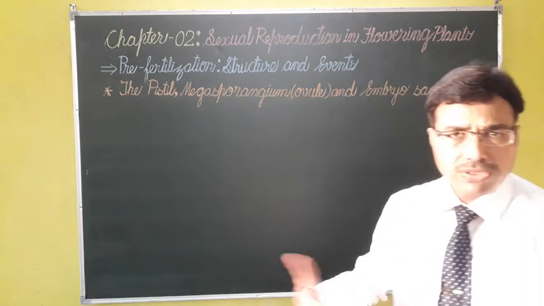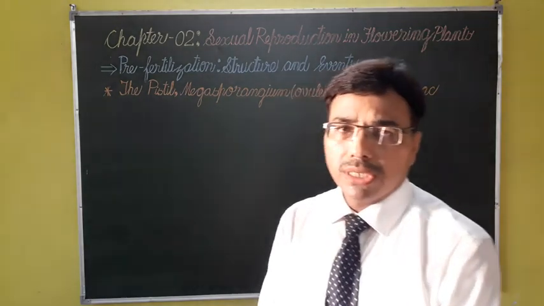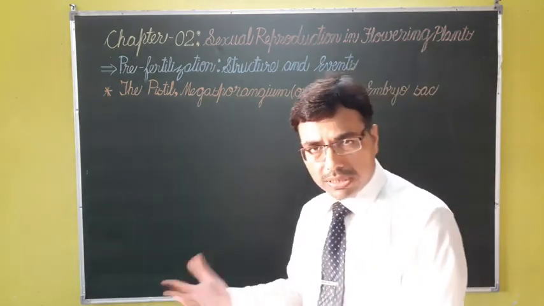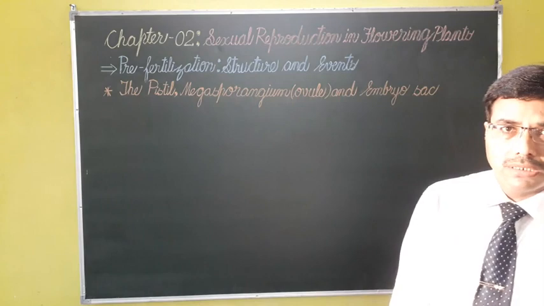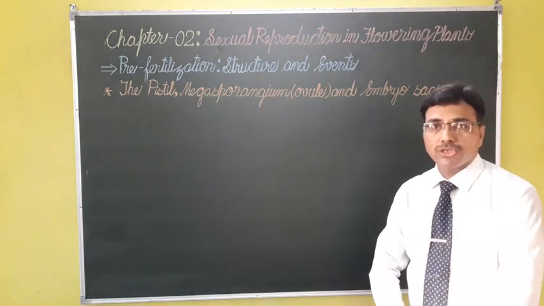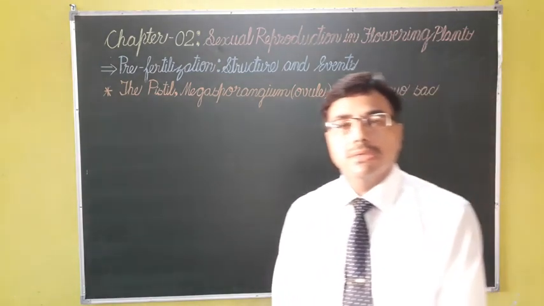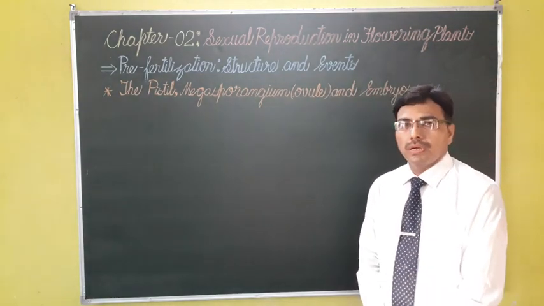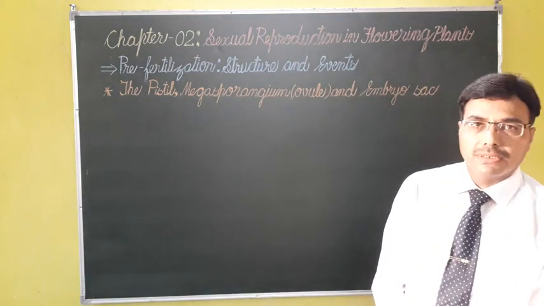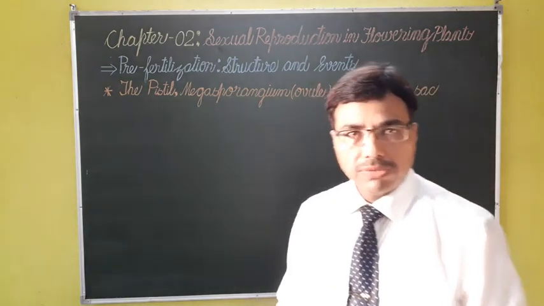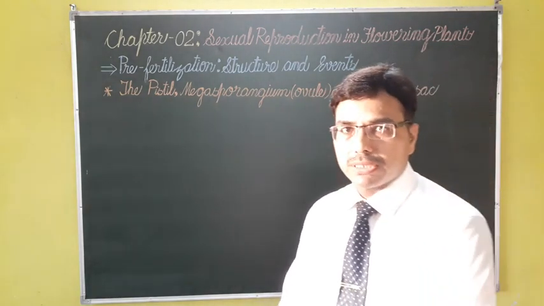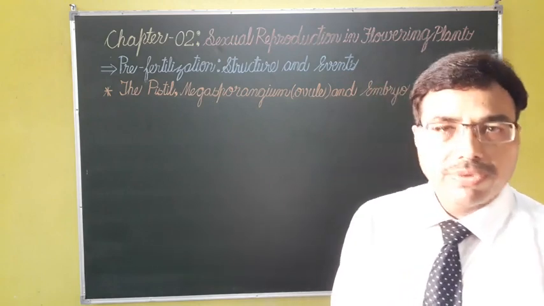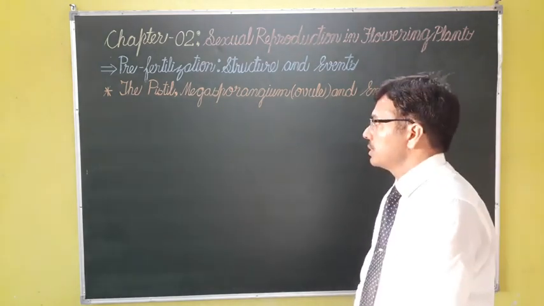Today again we will proceed with the same topic, but today's topic will be the structure of the female sex organs of a typical flower. Here we will discuss the structure and events of a female sex organ of a typical flower.